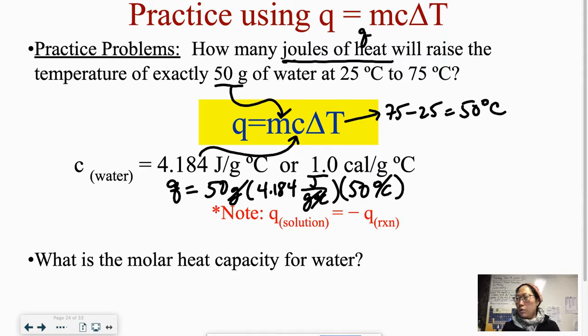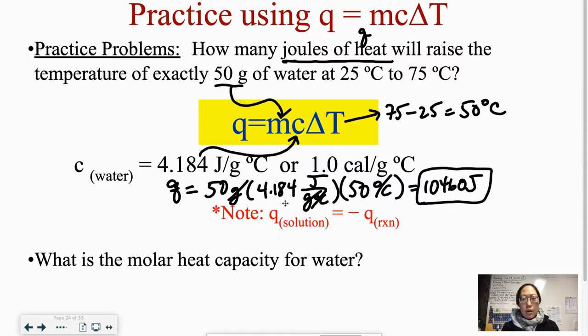And if they don't, then maybe you should look at your numbers again and figure out what went wrong. But once we multiply these things out, we'll get a value of 10,460 joules. Okay, so there's our amount of joules necessary to raise the water by 50 degrees C.